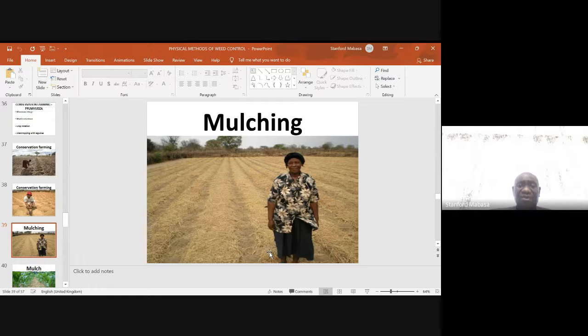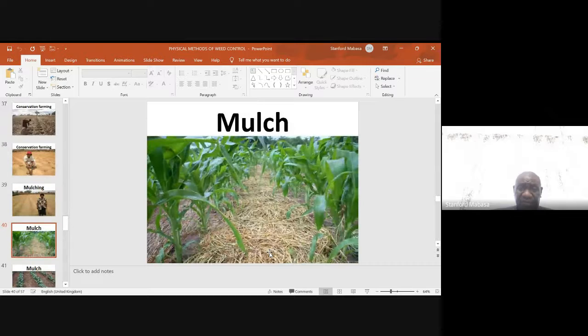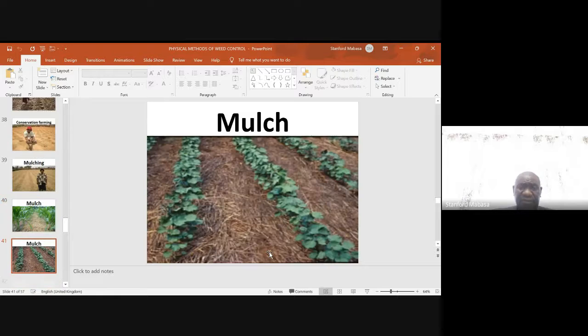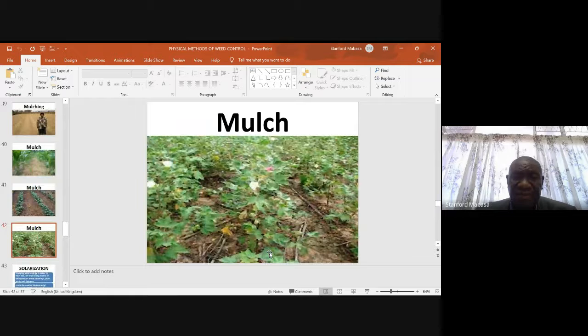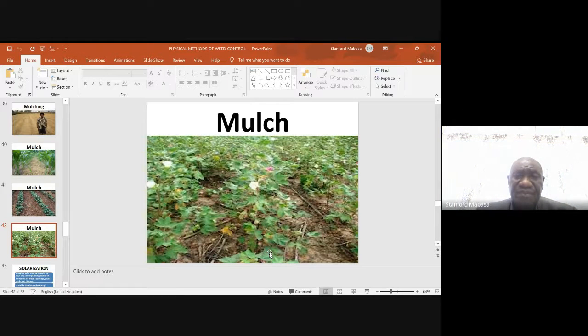Mulching was now done in conservation farming. You can see the grass which is covering the soil. Here's mulch in maize, mulch in cotton, again mulch in cotton. So that's it with the mulch.